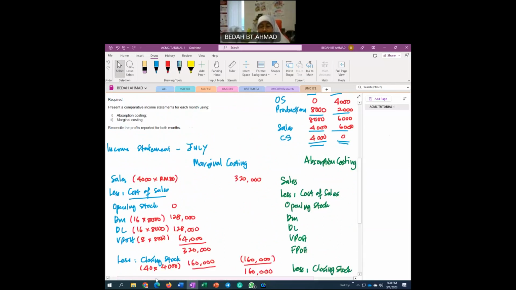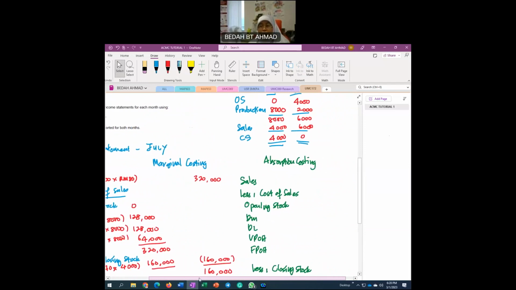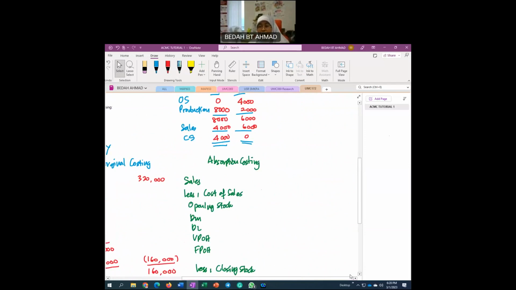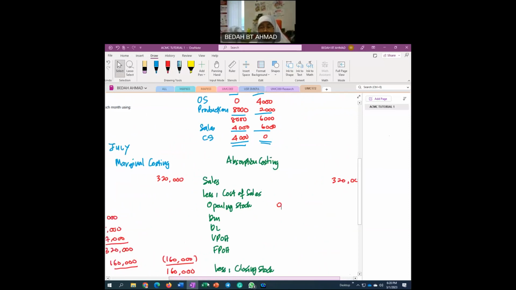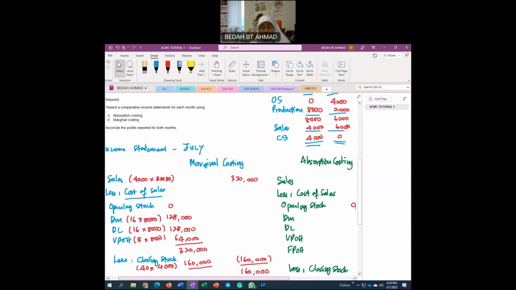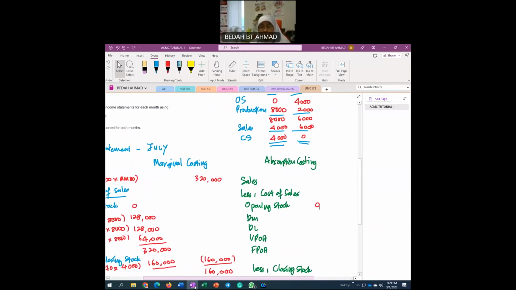Then we prepare for absorption costing. For absorption costing, the sales are similar, 320,000. Less cost of sales. Direct material we already calculated just now, so we just copy: 128,000 for direct material, 128,000 for direct labor, and 64,000 for the variable production overhead.